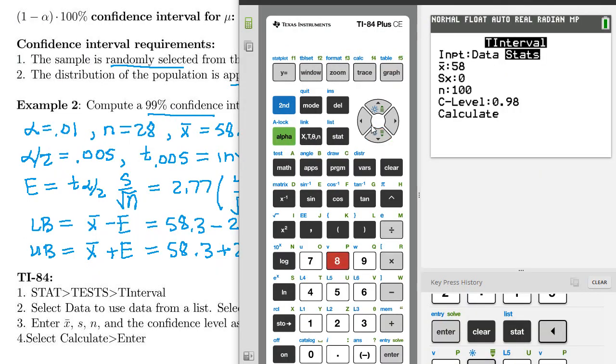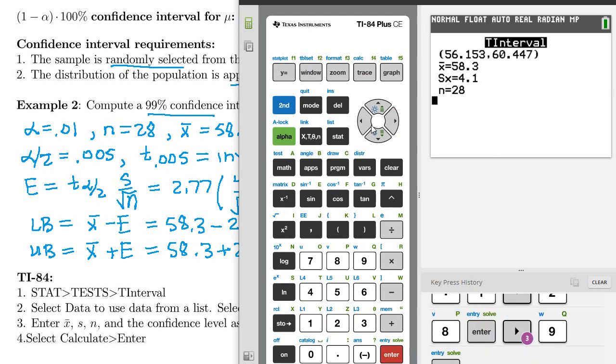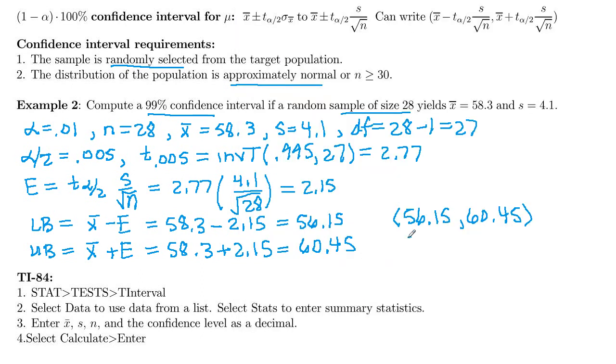So 58.3, s is 4.1. Our sample size was 28 and our confidence level 99%. And 56.15 to 60.45 if we round to 2 decimal places. And that's exactly what we got here.